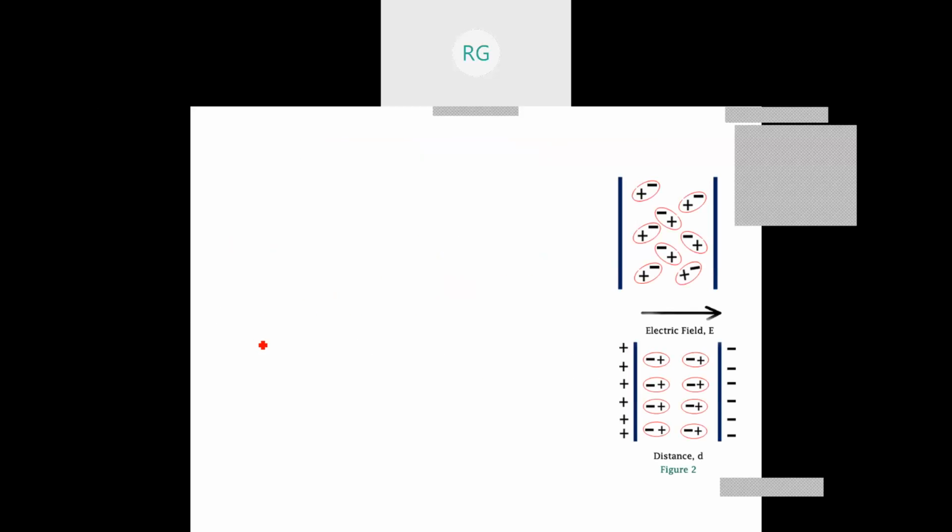Okay, now you know that a dielectric is a material which is an insulator and generally kept between the plates of a parallel plate capacitor. Now I have taken a parallel plate capacitor, plate 1 and plate 2, and these two plates are separated by a distance d, and the two plates are fully covered and completely filled with dielectric material.